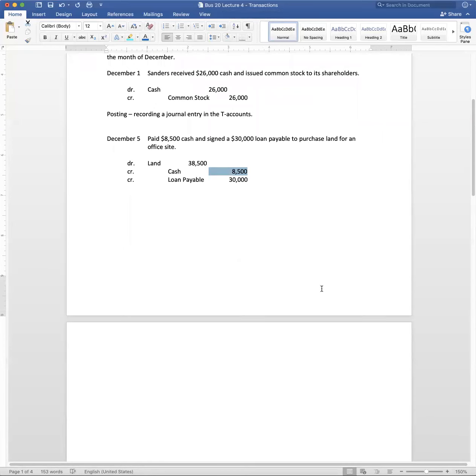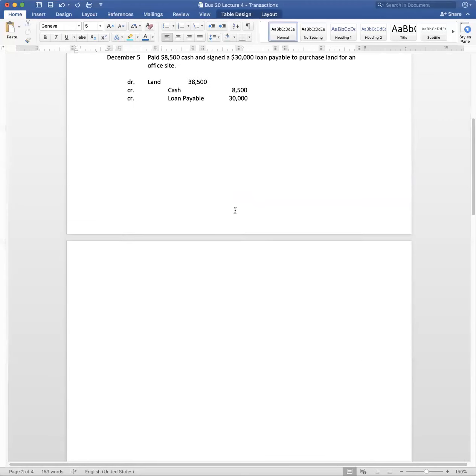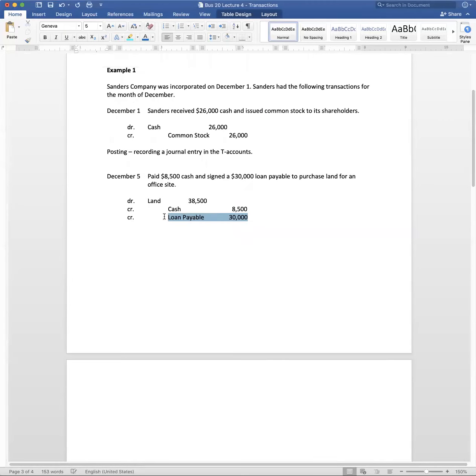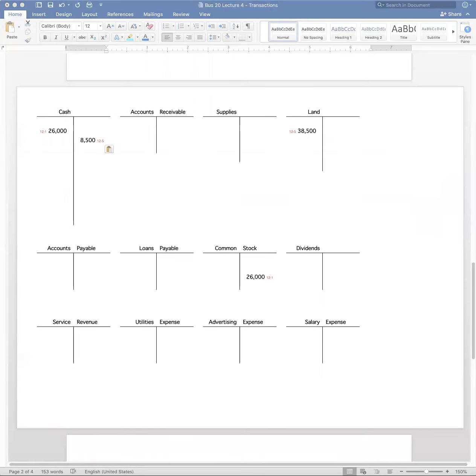So we're going to credit cash for $8,500. And then lastly, we had a credit to loan payable of $30,000. So we're going to credit loans payable for $30,000.